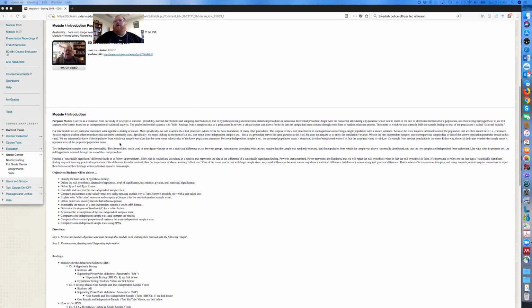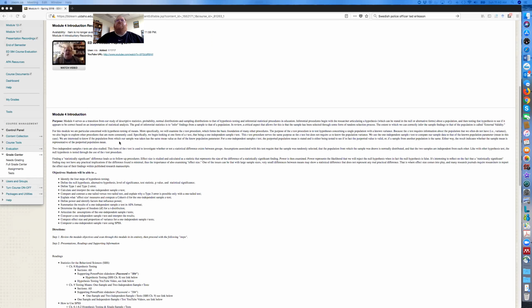For a one independent sample t-test, the purported population mean is stated and is either being tested to see if in fact the purported value is valid, or if a sample from another population is the same. Either way, the result indicates whether the sample mean is representative of the purported population mean.